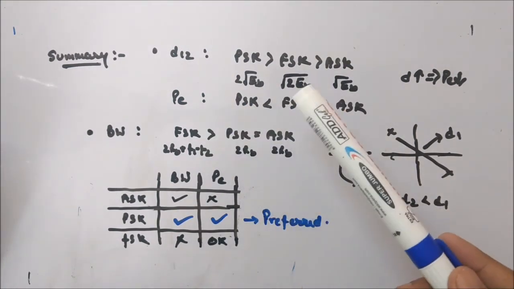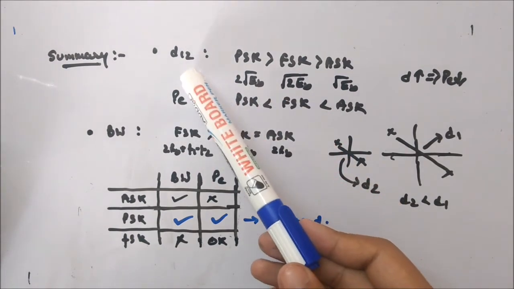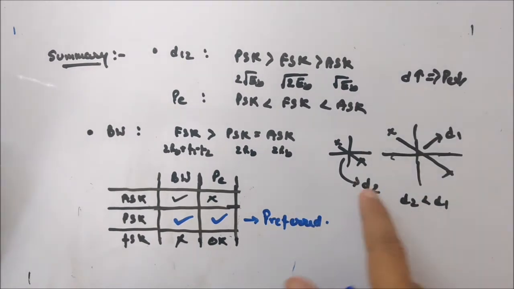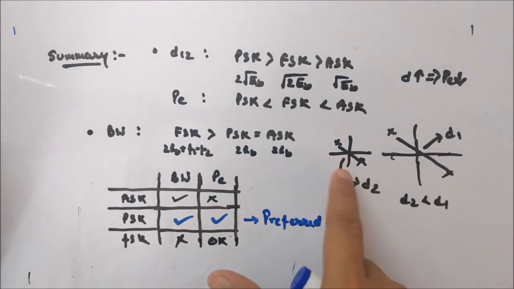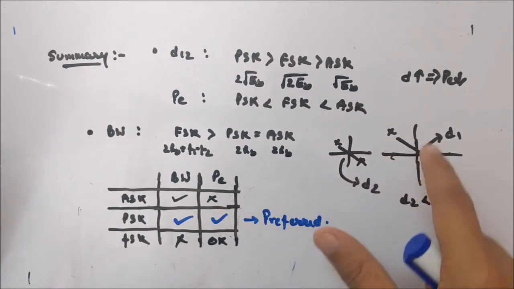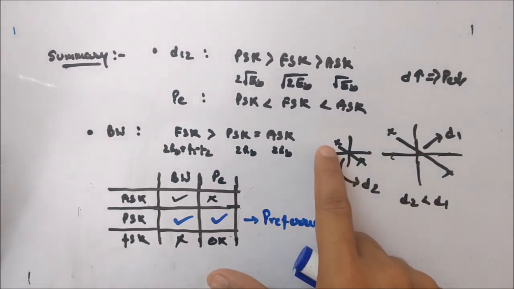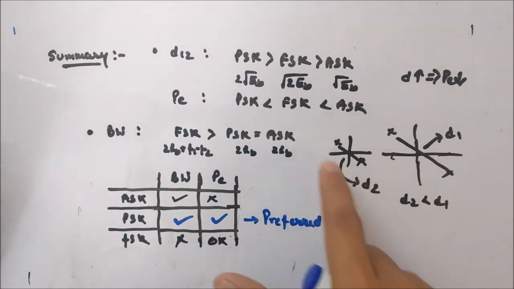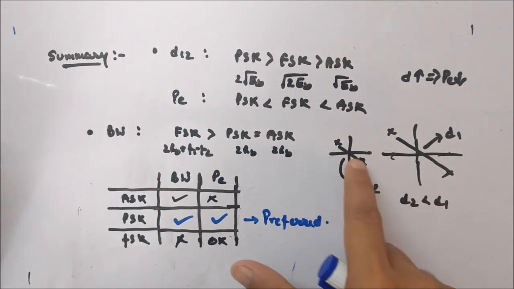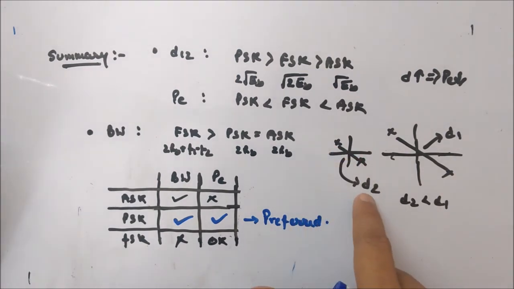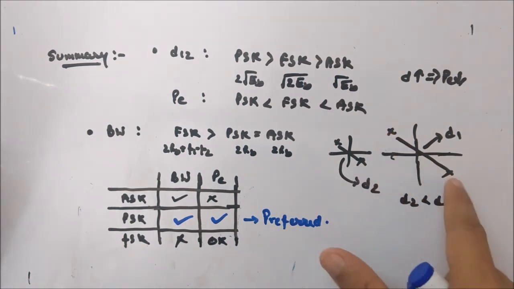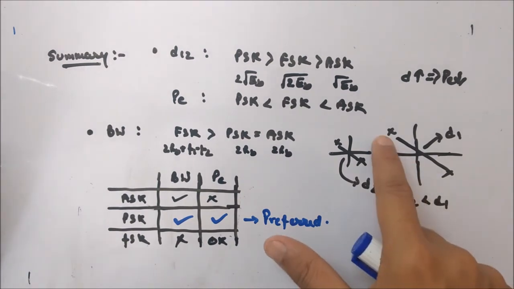And in general, if you want to imagine how D is affecting the probability of error, you can take these two examples. This is your energy axis. Let's say your signal points are here and here, so this will be the distance between signaling points, which I'm calling D2. And in this case this is the distance between these two signaling points, that is D1.